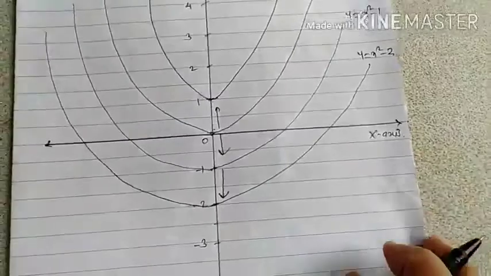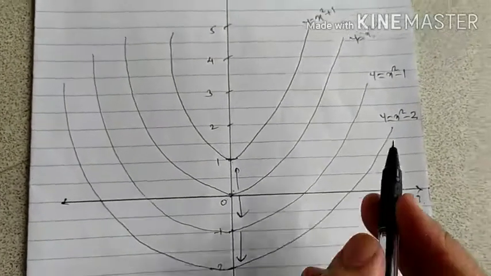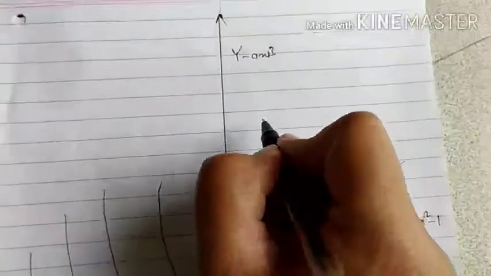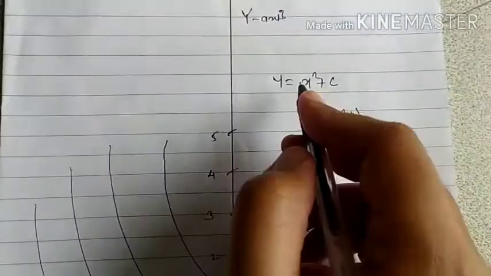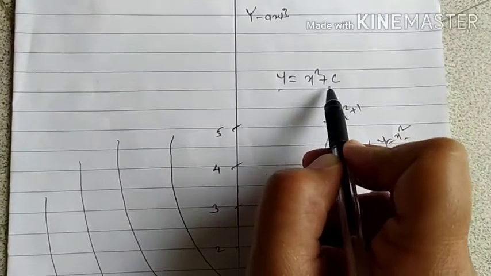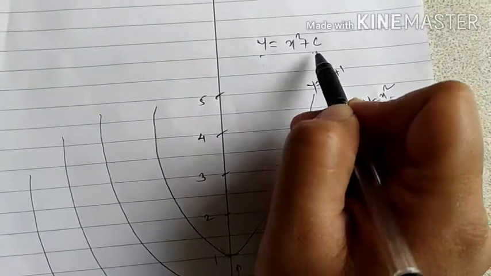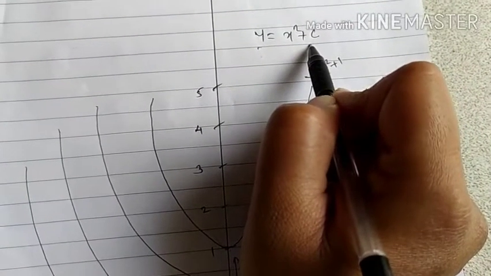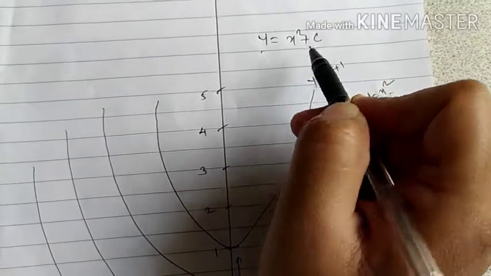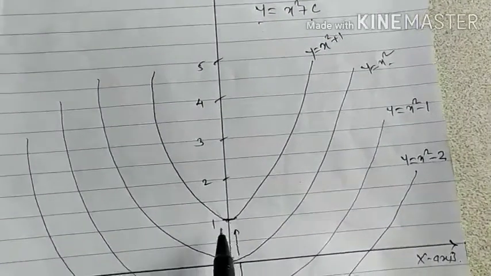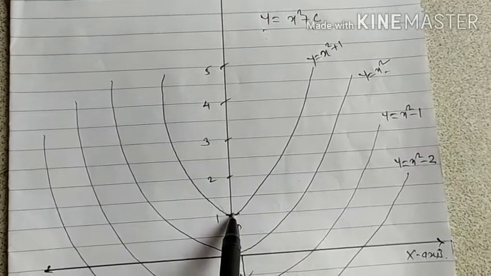Thus for each positive value of c, where you can write y equal to x square plus c, this is the family of curves. For each positive value of c, each parabola of the family has its vertex on the positive side of the y-axis.